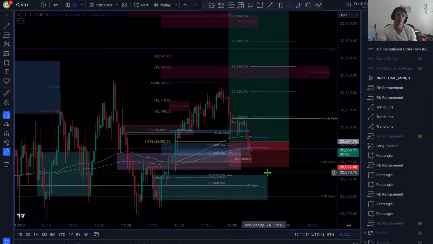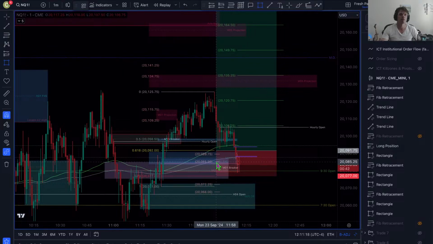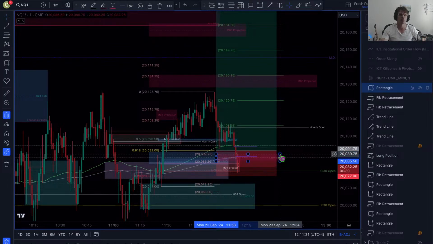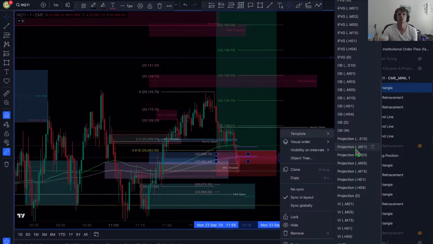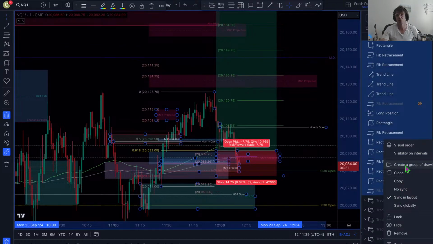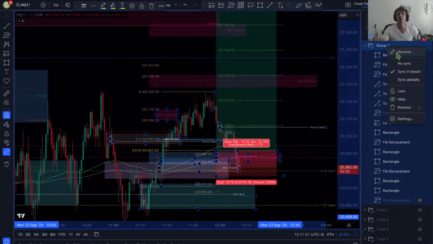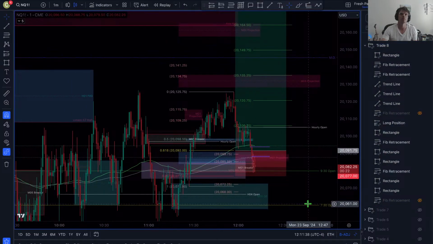Notice it's holding the M1 projection so far, in terms of not closing below it, but looks like it might take me out. See how much liquidity they need.